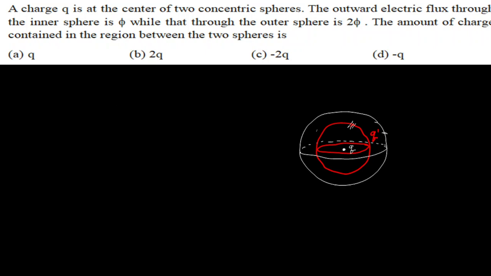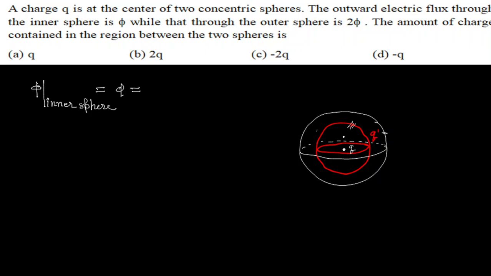Since both surfaces are closed and we have a charge distribution, according to Gauss law we can write the flux through the inner sphere as phi. What will be the value of phi?